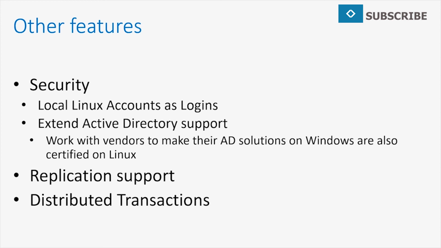So the first feature in the area of security is enabling support for Linux accounts, so that just like on Windows where you can connect to SQL Server without a password, you can now log in and do the same on your Linux machine or your Mac desktop. This is a feature which will give you the ability to use your local Linux accounts as logins in SQL Server. The second area which we're looking at in terms of security is the Active Directory support.